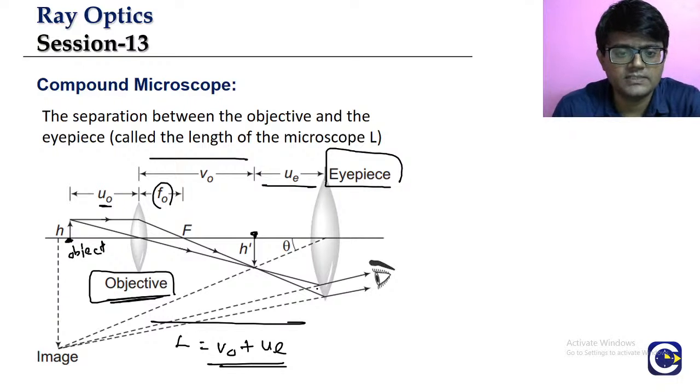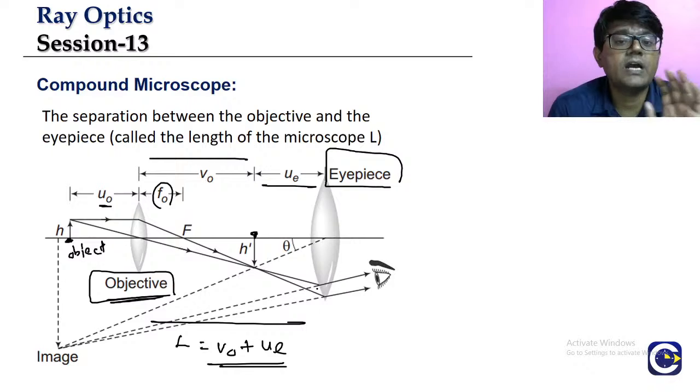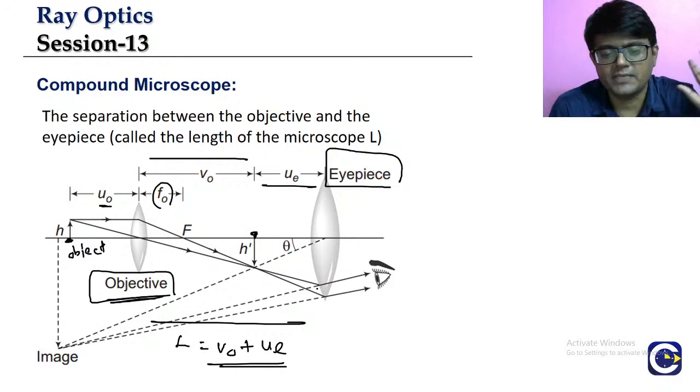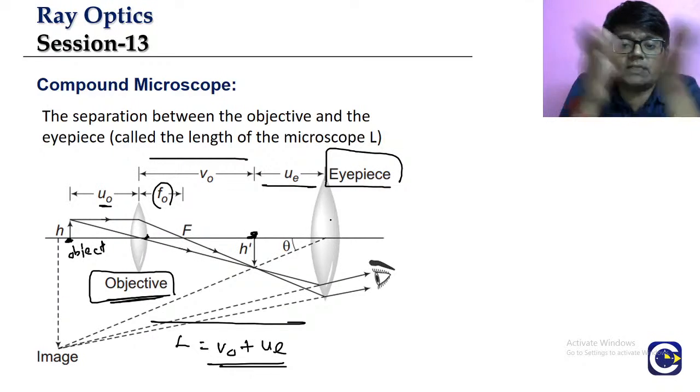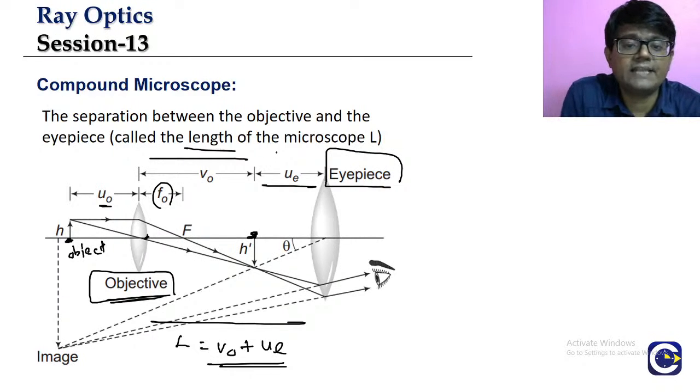At the Mains or NEET level, you will get questions straight based on the formula. We don't need to even go beyond that. The only thing is we have to be clear in terms of how the formulae are coming. So the length of the microscope is what? VO plus UE. Why VO plus UE? You can see here, whatever is the image formed by the objective, that is the object for the eyepiece. That's it. So the length will be VO plus UE. This is what we call the length of the microscope.